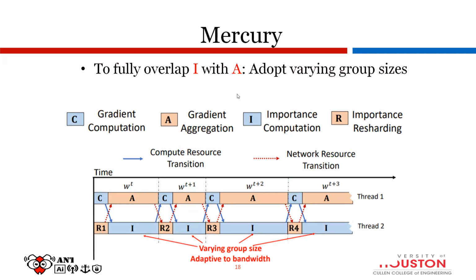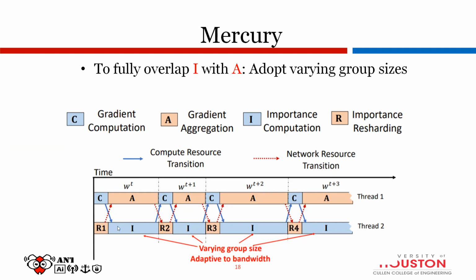Okay, so we're trying to say how they overlap I with the A. So how to overlap the importance computation with the gradient aggregation. What they try to do is adopt varying group sizes.